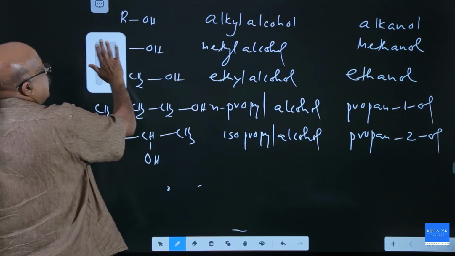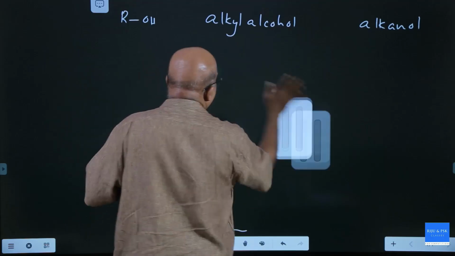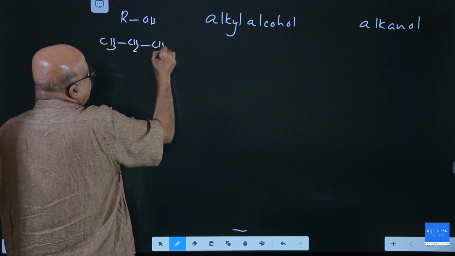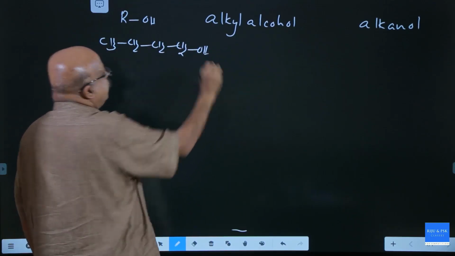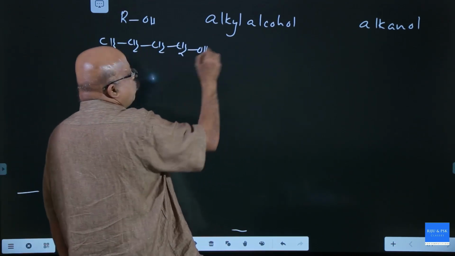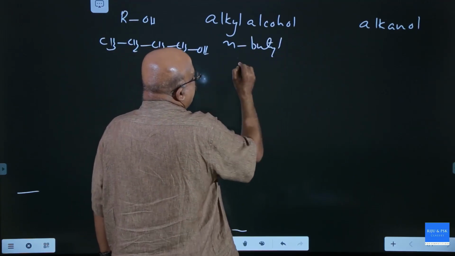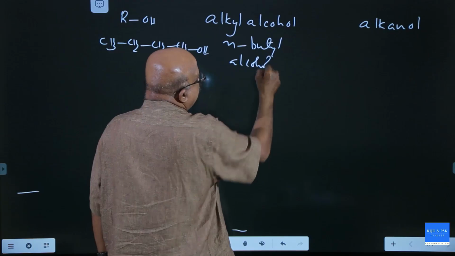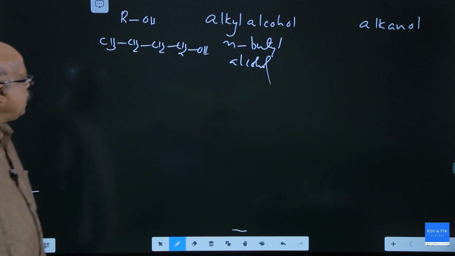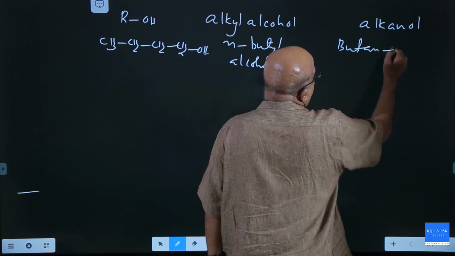Next one, CH3CH2CH2CH2OH. It is 4 carbon containing alkyl group. Not normal propyl, it is normal butyl alcohol. Its IUPAC name is butan-1-ol.